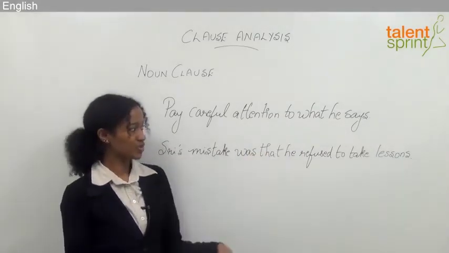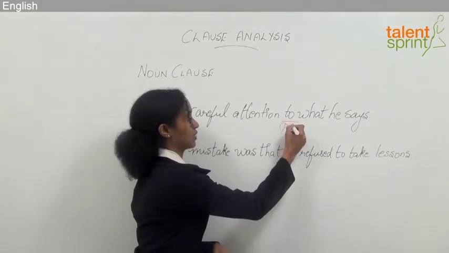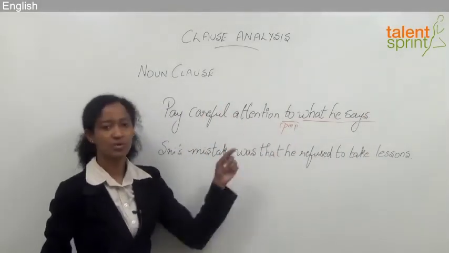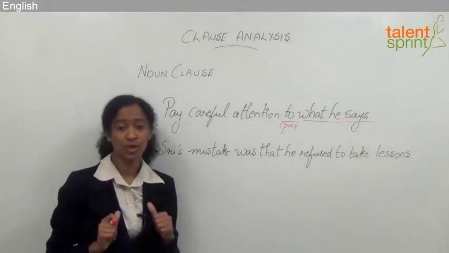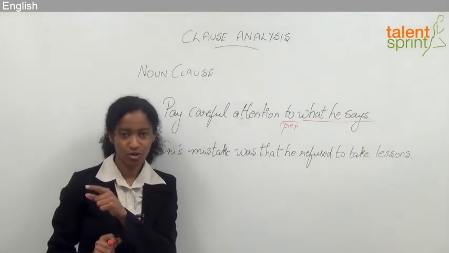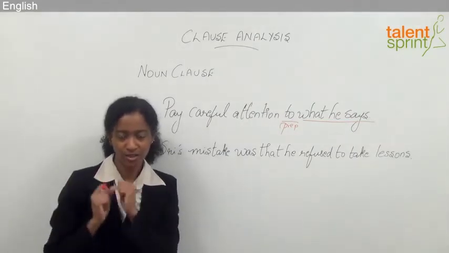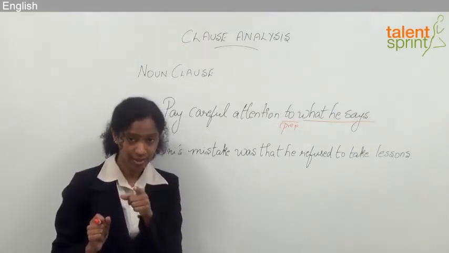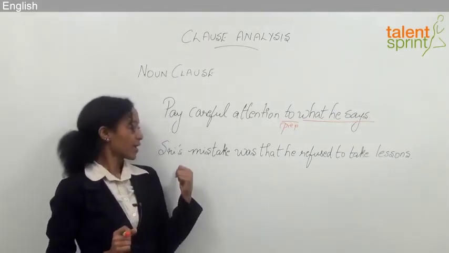So to is my preposition here, and what he says is my noun clause, object to a preposition. I am not responsible for what you do. What you do is my noun clause, for is a preposition, but I am responsible for how you learn, so you better learn good.